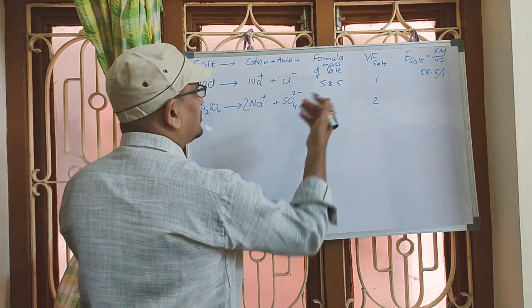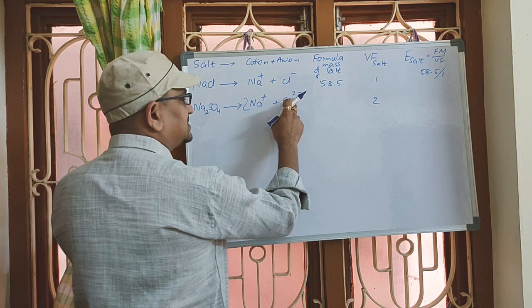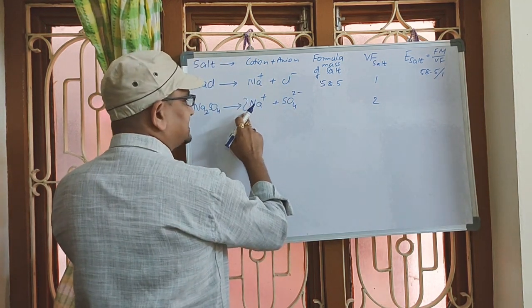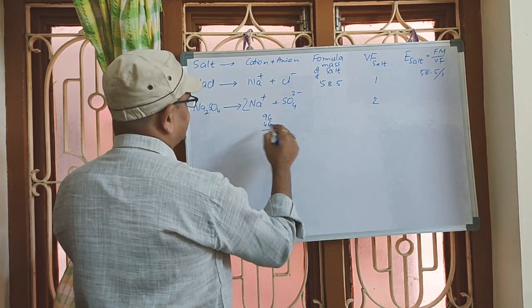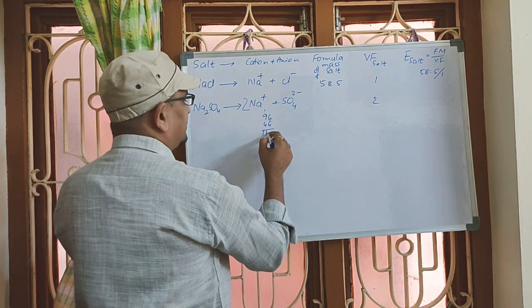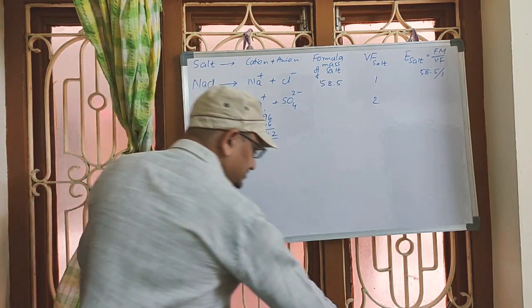Now what is the formula mass of the salt? Sulfur is 32. Oxygen, each one is 16, 4 of them, 64. 64 plus 32 is 96. 96 plus 2 into 23, that is 46. 96 plus 46, how much? It is 142. Right?